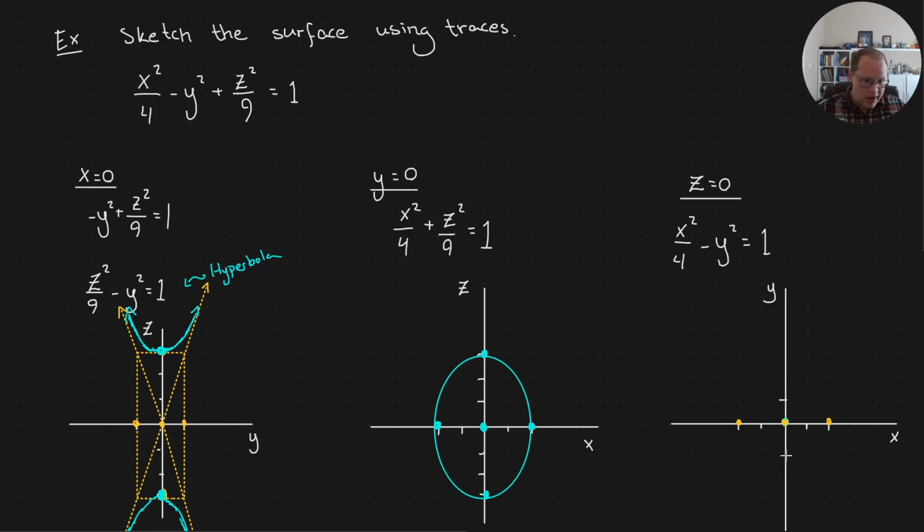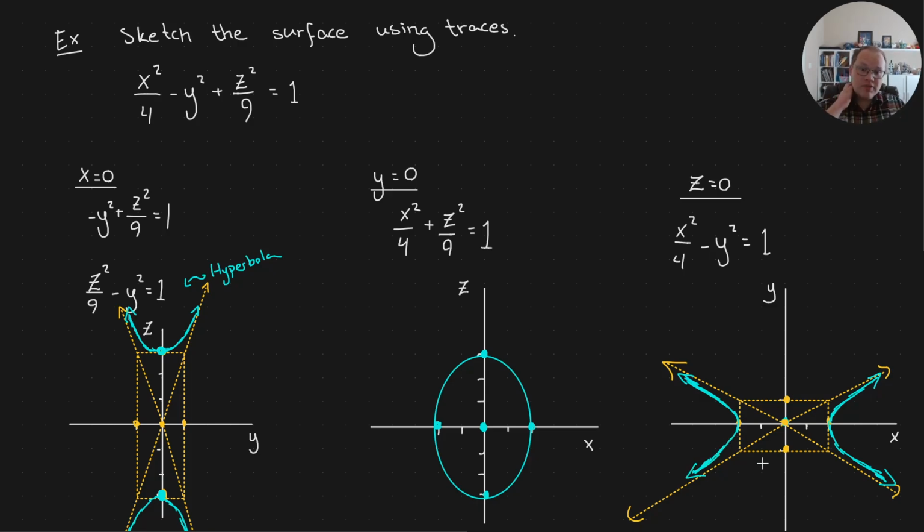And 1 unit out in the y. It's a hyperbola, so I draw a rectangle through those. I draw the asymptotes through opposite corners. And the x is the positive term, so I'm going to open in the x direction. Okay, so this gives us a good start.